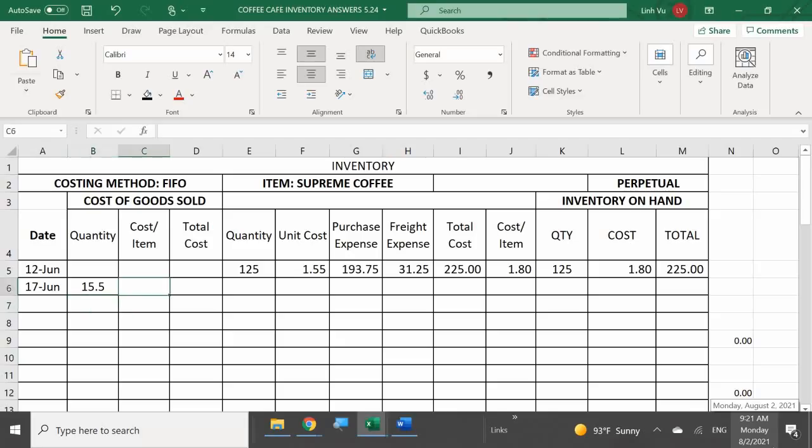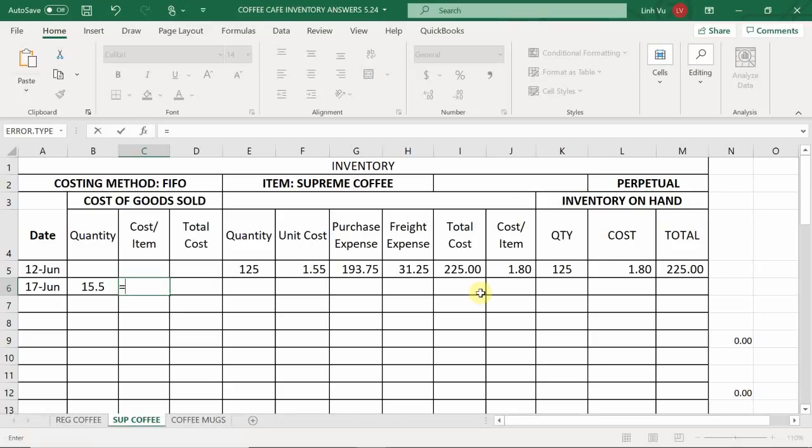At what cost per unit is each pound for my Supreme coffee? In this case, I'm using FIFO, so I need to keep in order of the exact order that I purchased my items in. I've only made one purchase so far. $1.80. It's going to be $1.80.